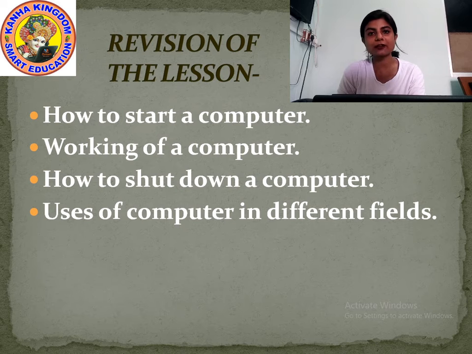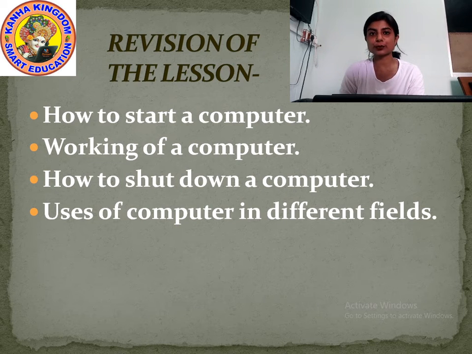That is why we give instructions to the computer to work, and later on it processes the instruction and gives us the result. This is the IPO cycle. Input, processing, output. First you give the instruction to the computer. Then the computer will work on it, that means it will process it, and after that it will give you the result.